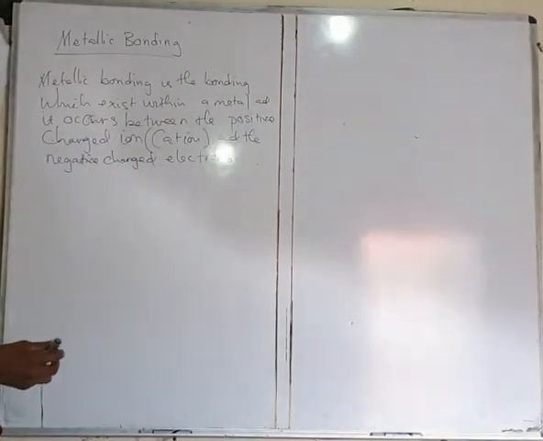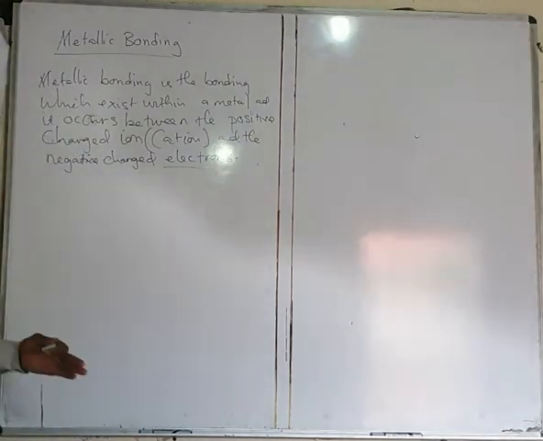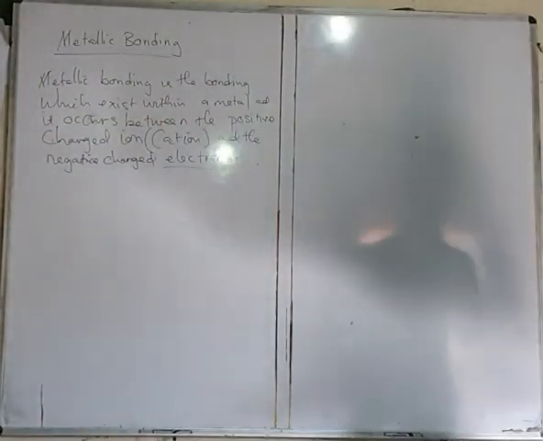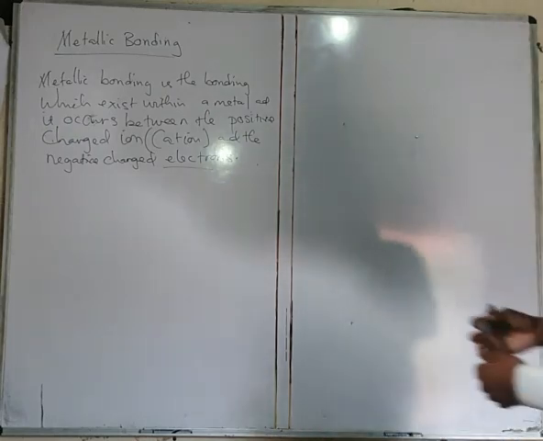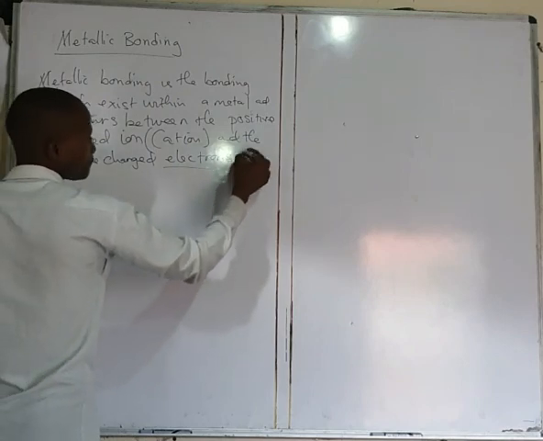So these electrons we're talking about are mobile. They can move from one place to another. They are mobile electrons. That's why they're called free electrons, eh?